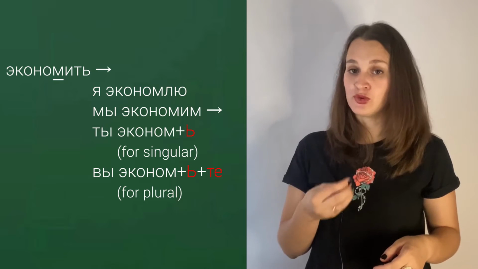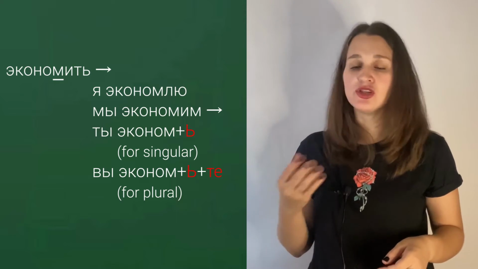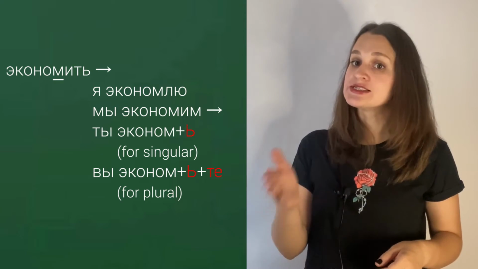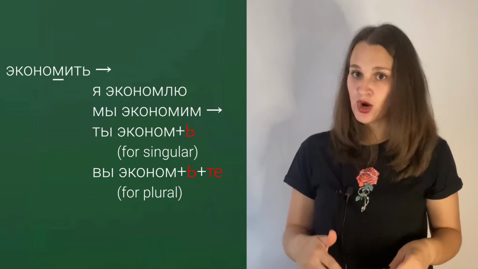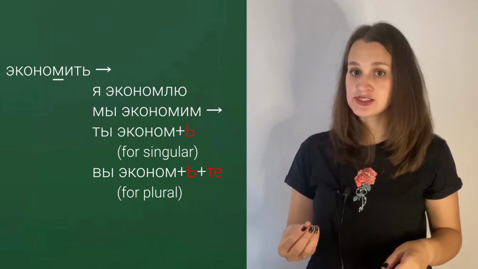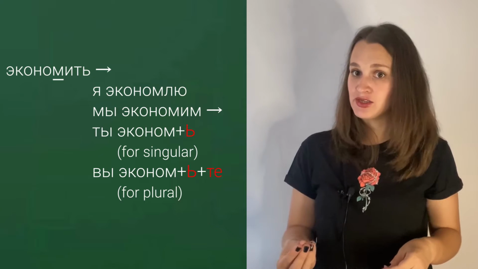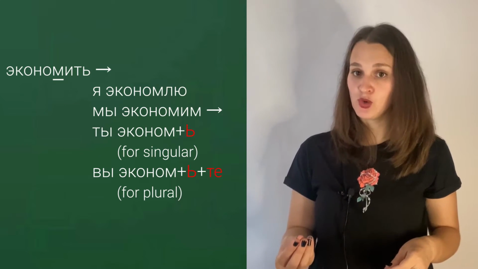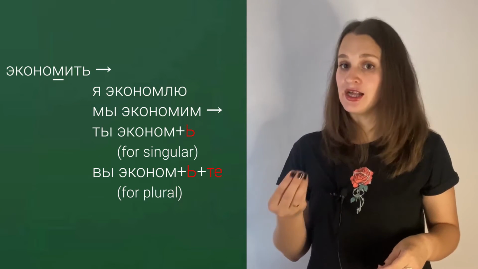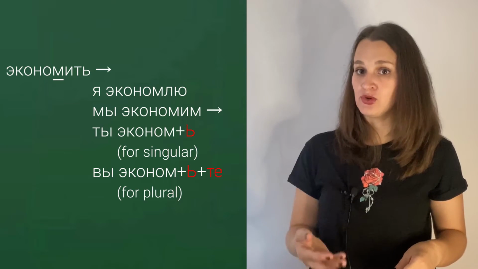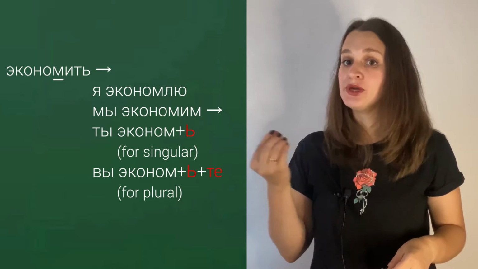In the form for я, the stress is not on the ending. The stress is on the stem. That's why we will add the soft sign in the imperative. Singular form of the imperative will be ты экономь, in the plural, вы экономьте.